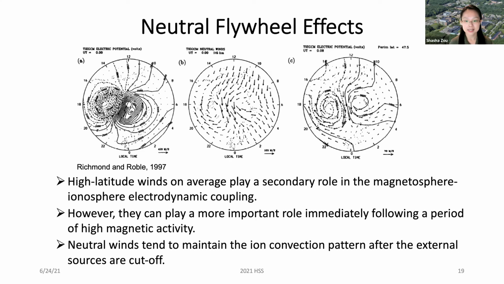So substorm usually refers to smaller scale dynamics happening in the night side auroral zone. If you map that into the magnetosphere, that is usually related to what we call the near-Earth magnetic reconnection region. If you map the substorm onset to the tail, the location is typically around 10 to 20 Earth radii.